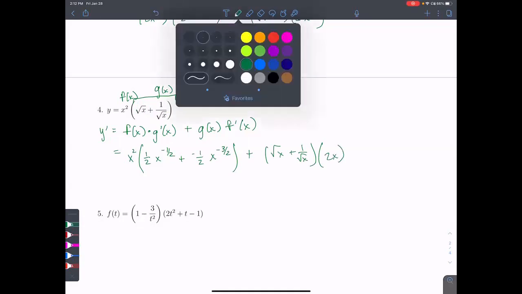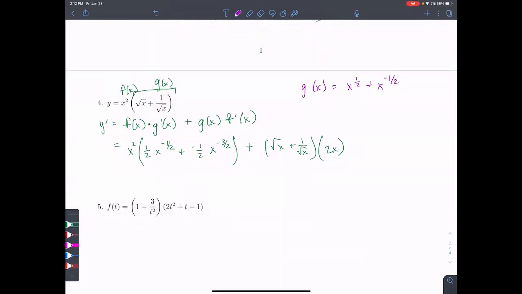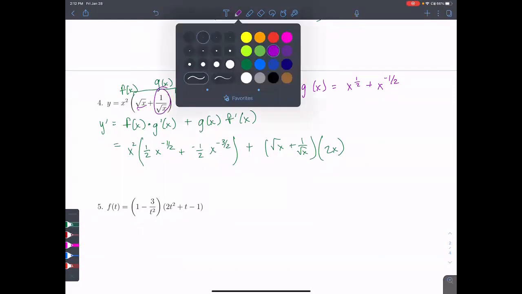So going back up here, let's just start back with g. So g of x is going to be x to the 1/2 plus x to the negative 1/2. That's what square root of x and then 1 over square root of x is.